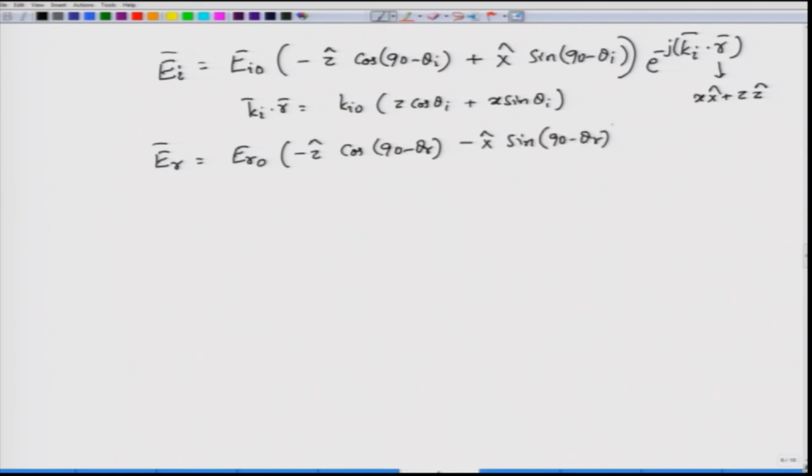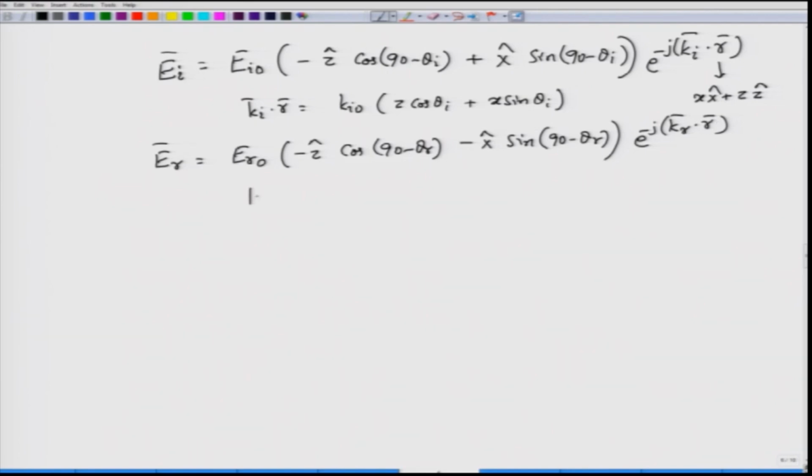This we have done for the electric field component itself, but you need to have e to the power minus j kr dot r. I am not putting e to the power plus j kr dot r because the reflected wave is only negative for the z component, not for the x component. So, this is e to the power minus j kr dot r.